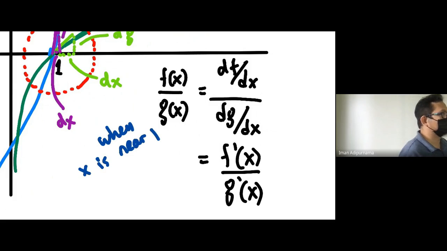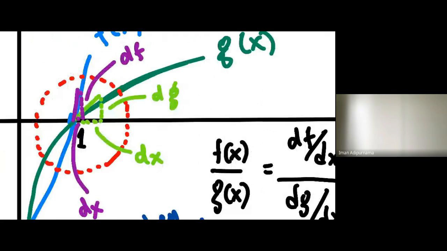So at x closer, if you look at the graph, the curve will be the same as its slope, and this is also the same as its slope.